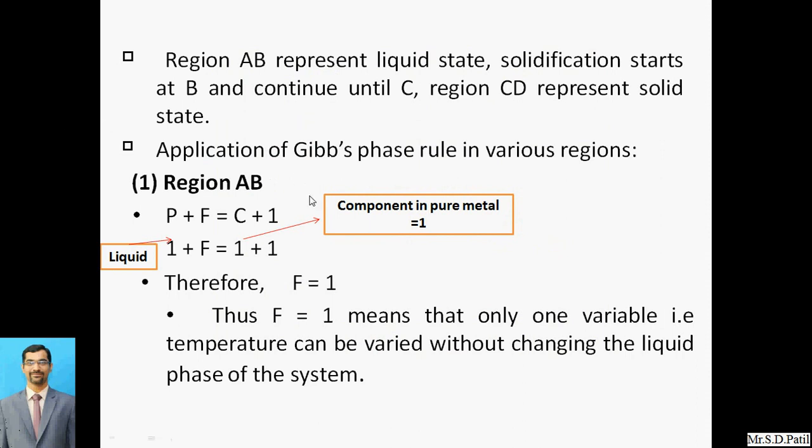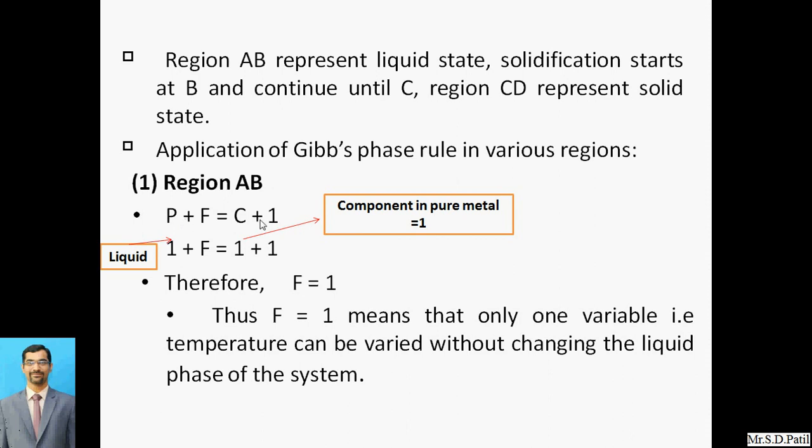So region AB: P plus F is equal to C plus 1. Now we have to identify the remaining terms and find the value of F, the degree of freedom, meaning how many variables there are.